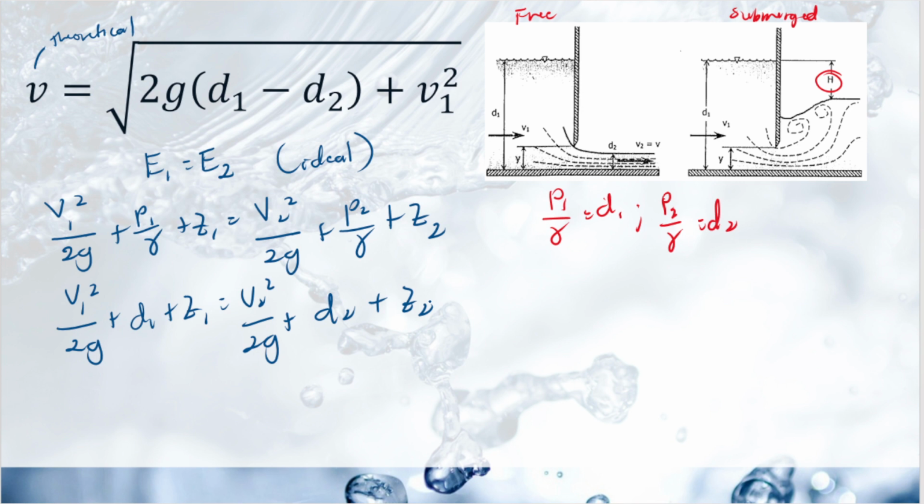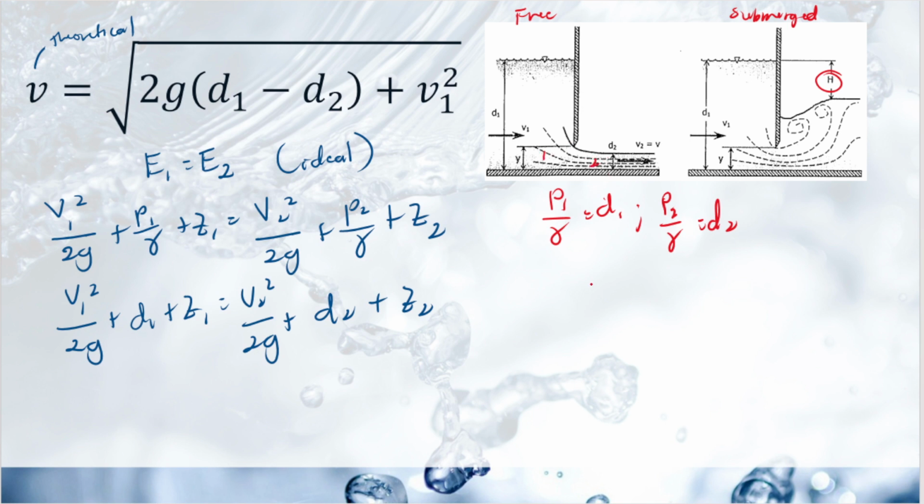Since this is free flowing, if we take the point wherein Z sub 1 is equal to Z sub 2, this is point 1 and this is point 2.